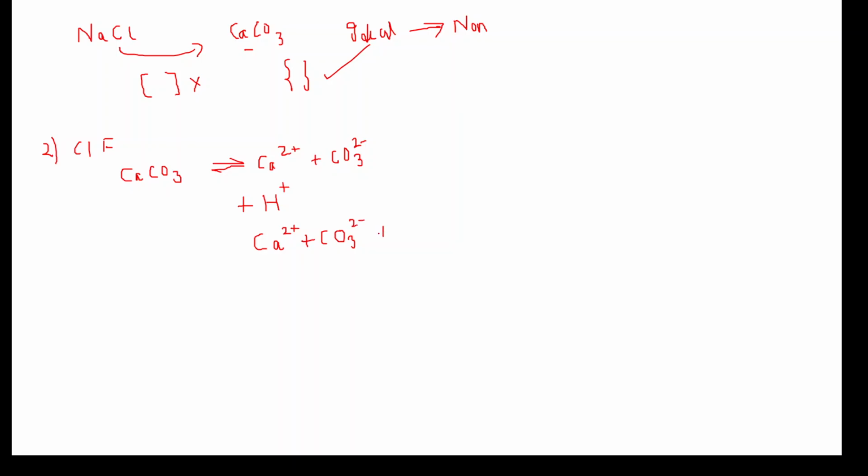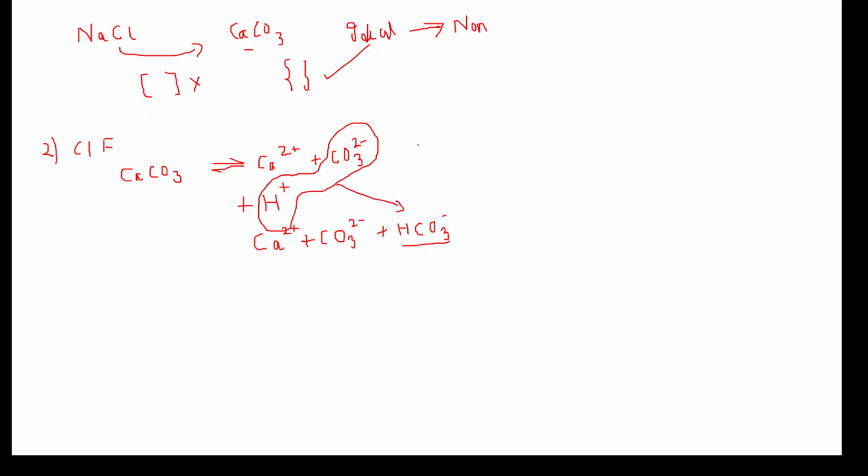And one other thing will be formed, that will be HCO3 negative. Now, what we can see is this H plus is going to combine with CO3 2 negative, right? Then only this will be formed, right?